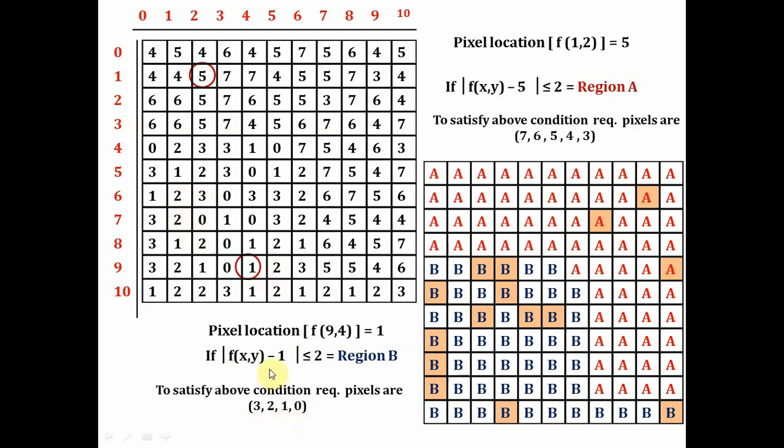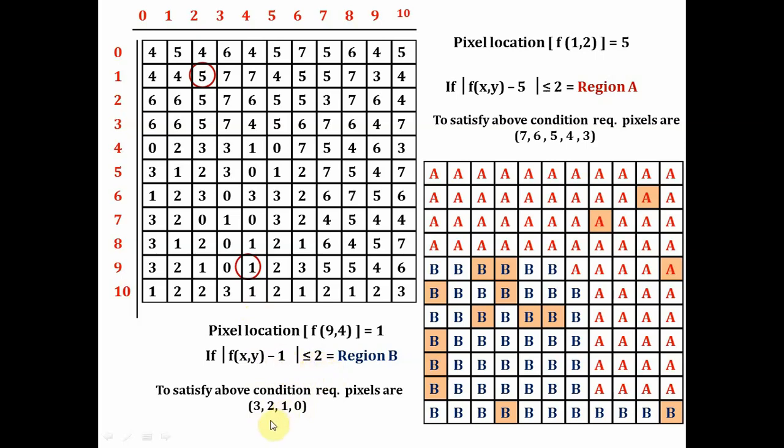If I put 1, 1 minus 1 is 0, which is less than or equal to 2, so I will denote all 1 as B region. Everywhere I will put 1 as B. If I put 0, 0 minus 1 will be minus 1, and because of the modulus it will be 1, which is less than or equal to 2, so you are satisfying the condition. You will denote all 0 as B region. And if you put 3, 3 minus 1 is 2, yes, you are satisfying the condition.